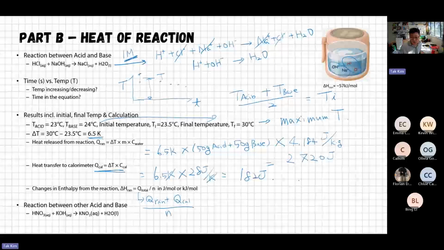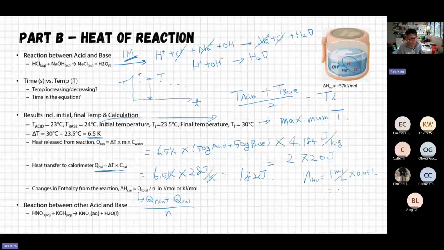Since we had 50 mL of 1 molar acid and base, the number of moles of HCl will be 1 mole per liter times 50 mL, so 0.05 liter.